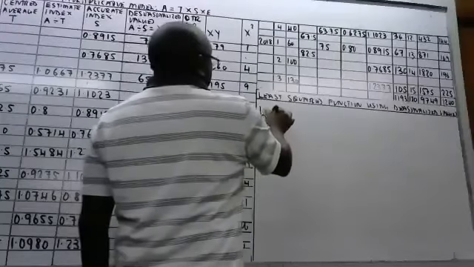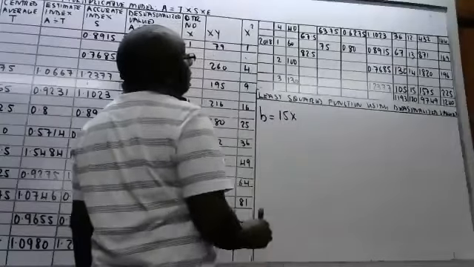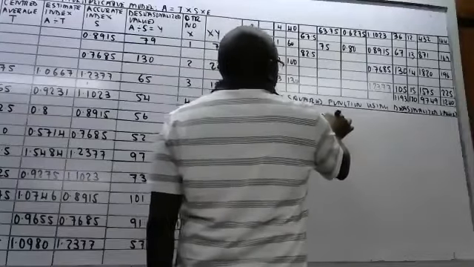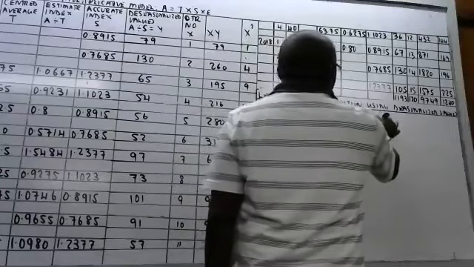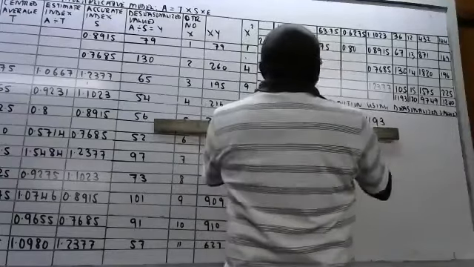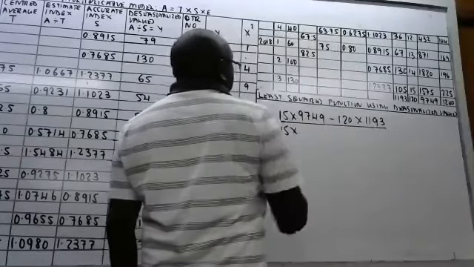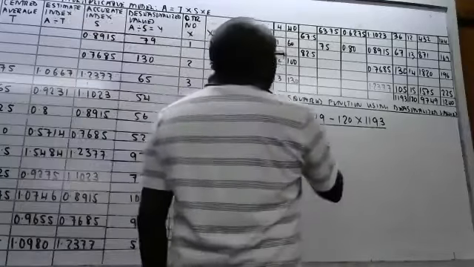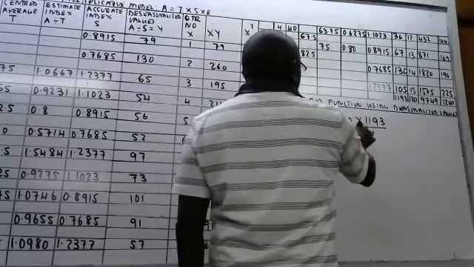So straight on, we know how to compute B. B is N, that is 15, times sum of XY, that is 9749, minus sum of X, 120, times sum of Y, 1193. You divide by 15 times sum of X squared, 1240, minus sum of X squared.